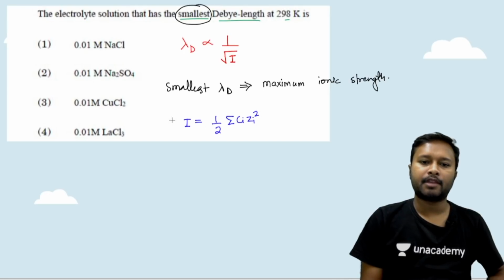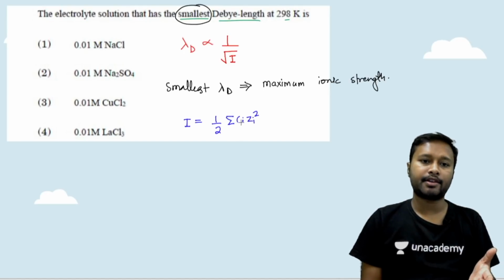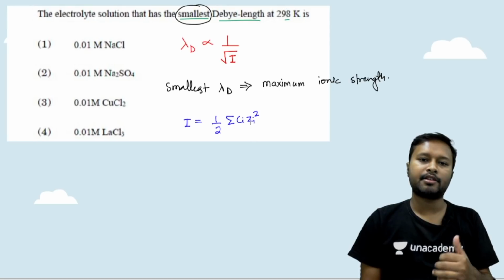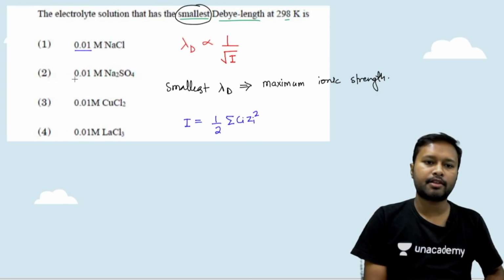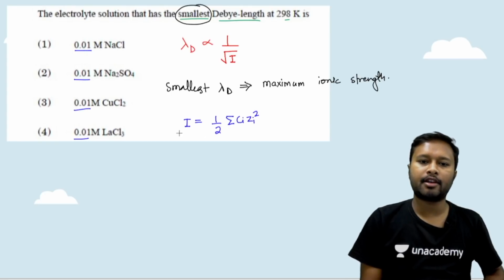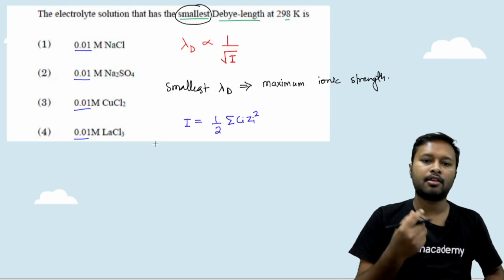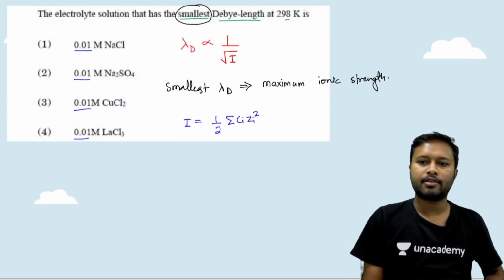That means the ionic strength depends upon the concentration as well as the square of the charge. If you see in all the options, the concentration is the same. So the ionic strength is going to depend on the charges. Now just look at the charge.